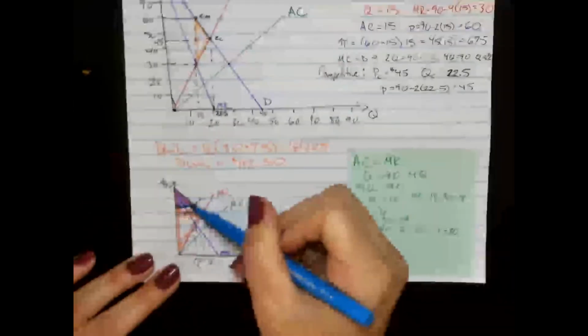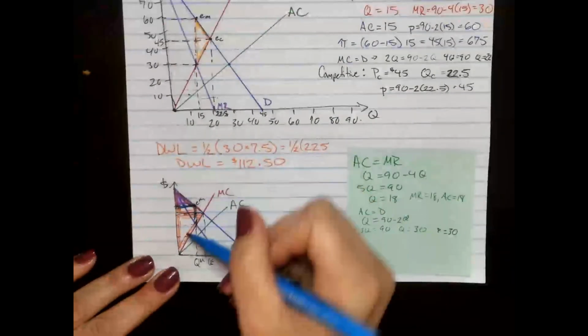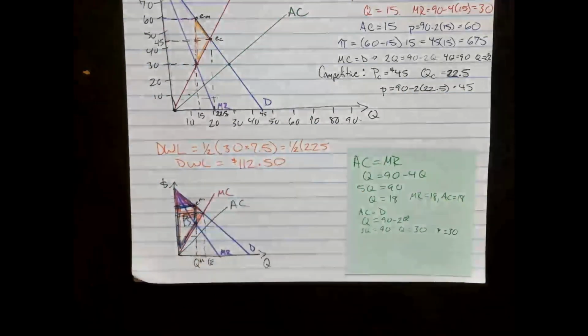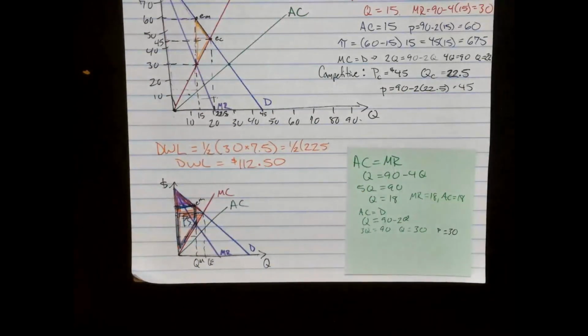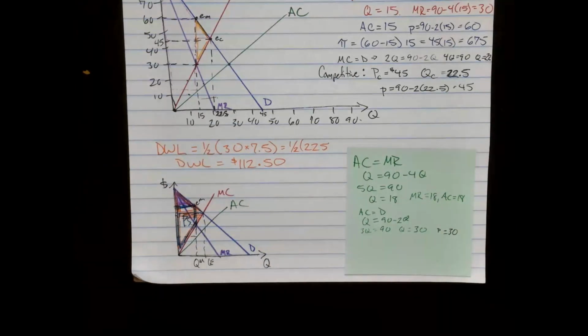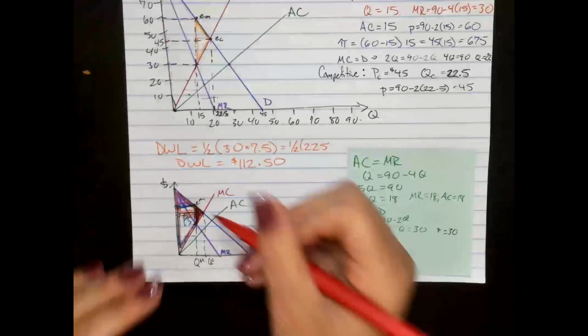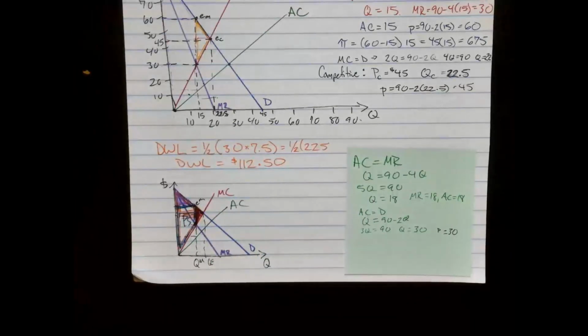Let's do this so I can get a little more clarity. There we go. This is going to be the monopolist's producer surplus. And then the deadweight loss is this area here, this triangle.